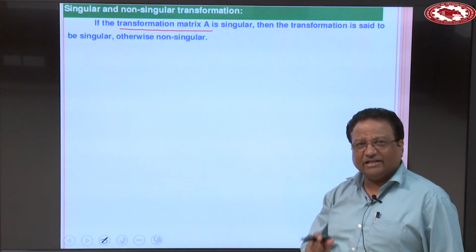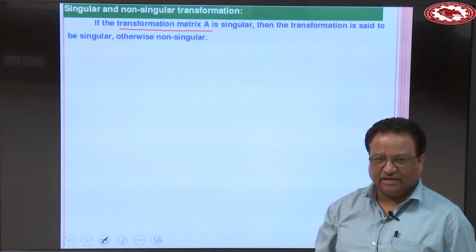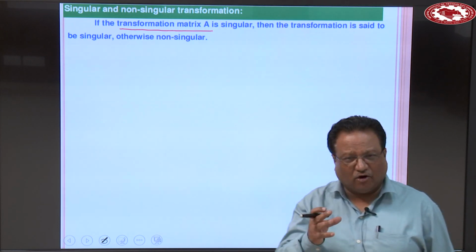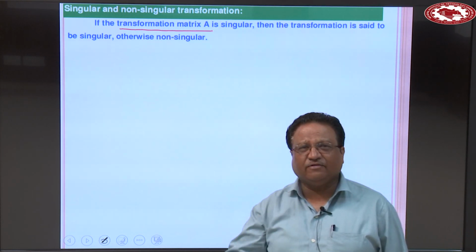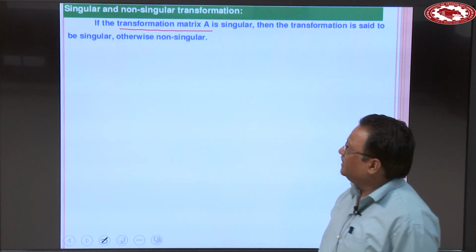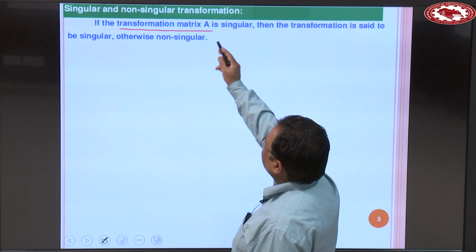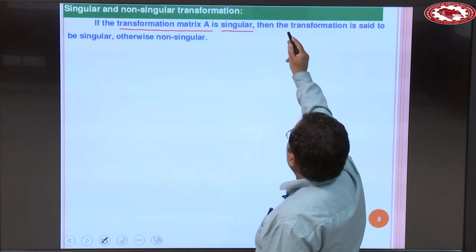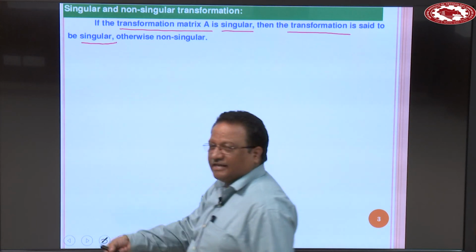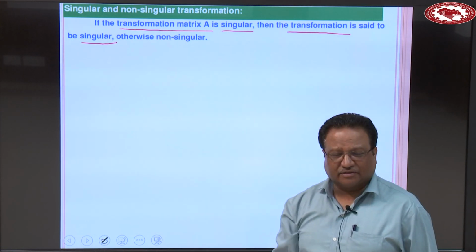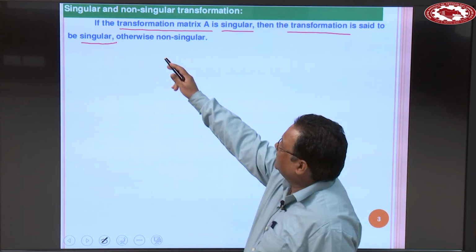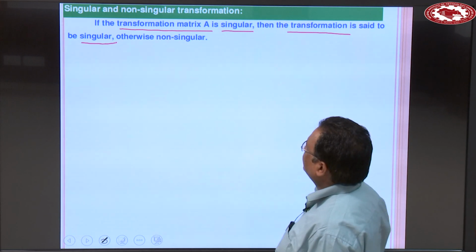A is basically the coefficient matrix: if you write simultaneous equations, the coefficient matrix consists of the coefficients of x1, x2, xn. So, if the transformation matrix A is singular, then the transformation is said to be singular.